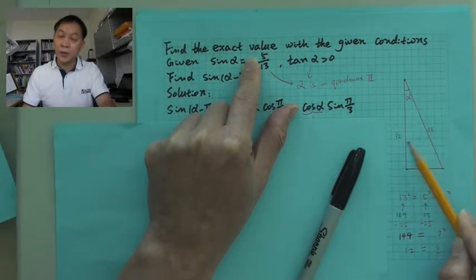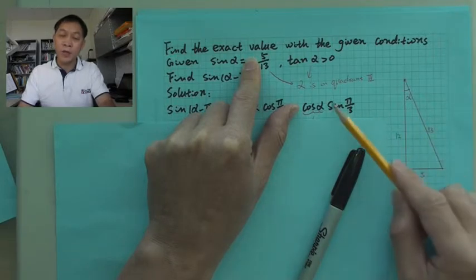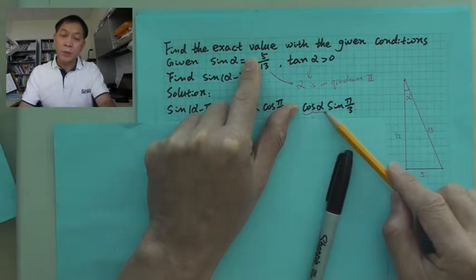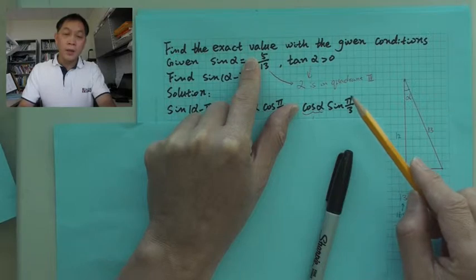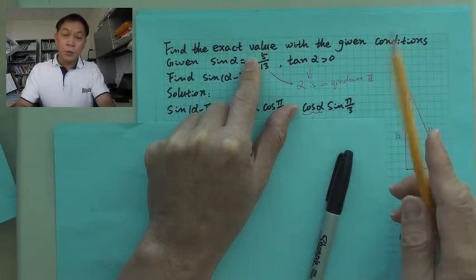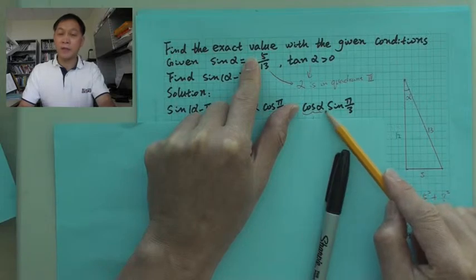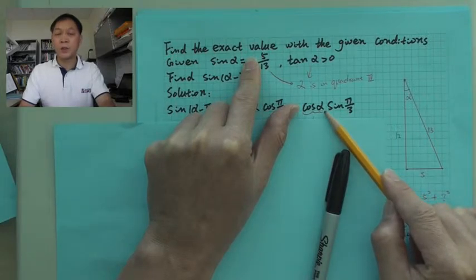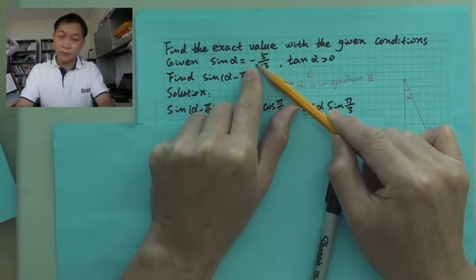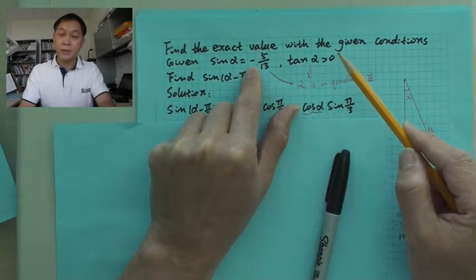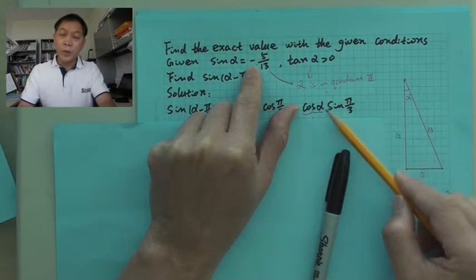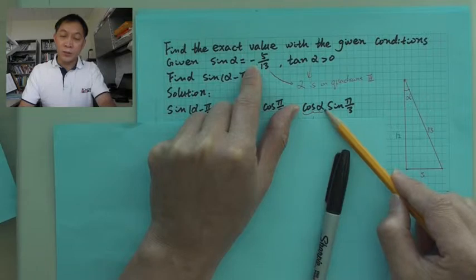You know the value is 12 over 13. So you have a cosine alpha. But remember, here we want to figure out whether cosine alpha is positive or negative, because sine alpha is negative. So in which quadrant this alpha is, we need to figure out.